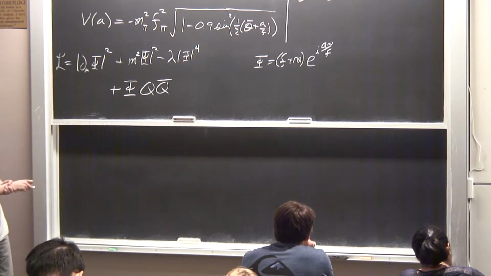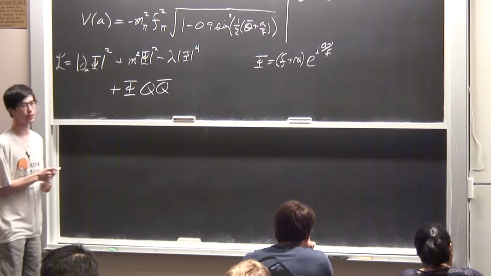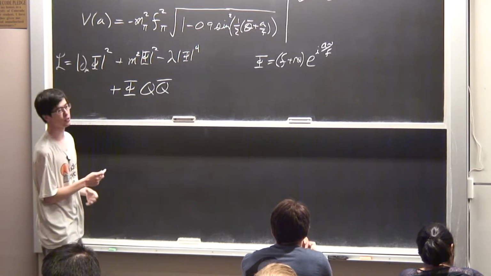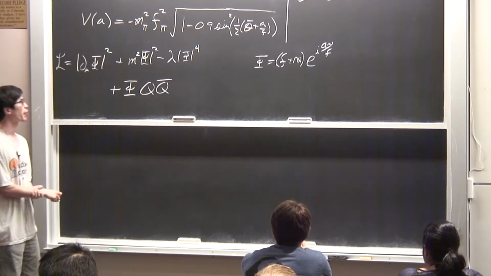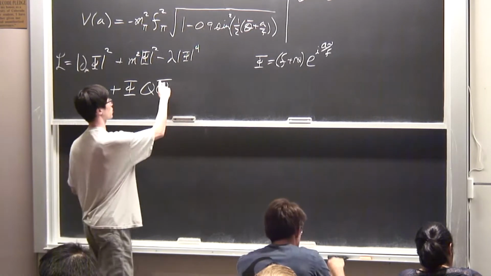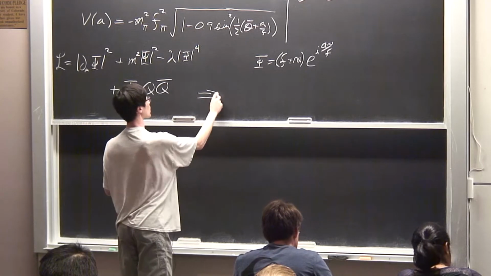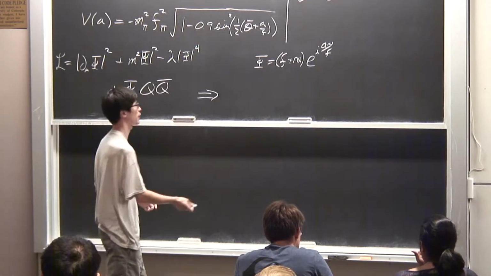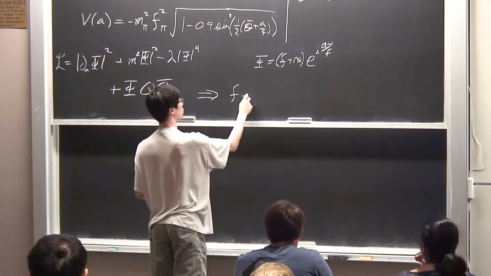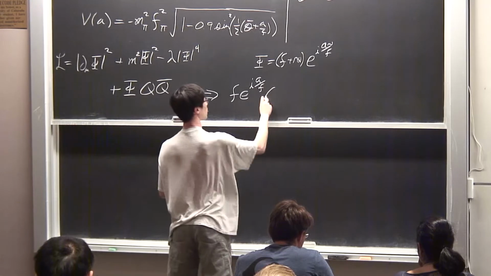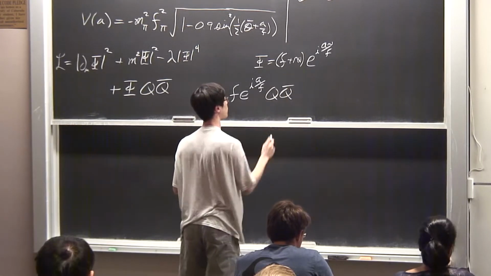And if, for some reason or another, this happens to be the only way that these quarks get a mass, then you can see that this mass term turns into, let's integrate out the radial mode so we can forget it, just focus only on the Goldstone boson, e to the I a over f q bar q.